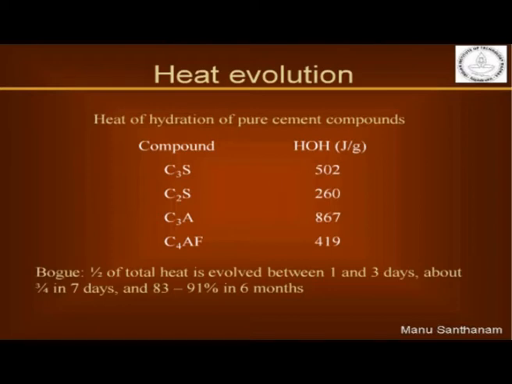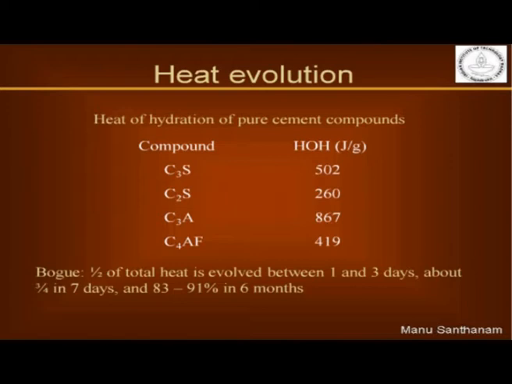In the absence of gypsum, cement sets very rapidly and we call that flash setting. That happens because C3A, the most reactive compound in the cement, reacts immediately with water to form an aluminate hydrate. I will talk about these reactions further, but because of this very quick propensity to react, its heat of hydration is also the highest.